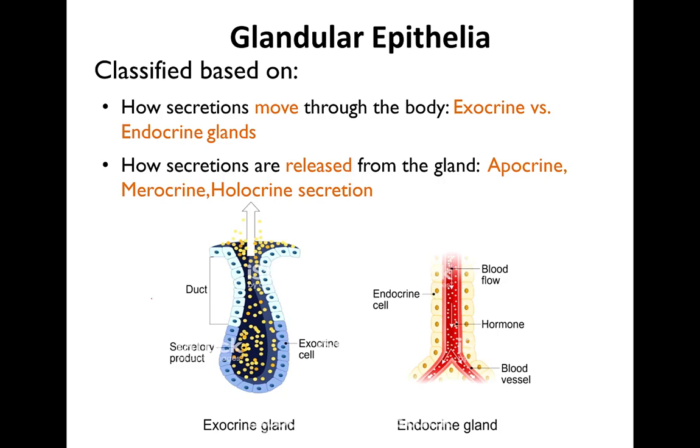If you focus on the way that secretions are actually released from a gland, you'll note that there are 3 different mechanisms that glands can use to actually deliver their products to the body. Those 3 are called apocrine, merocrine, and holocrine styles of secretion. And we're going to take a look at all 3.